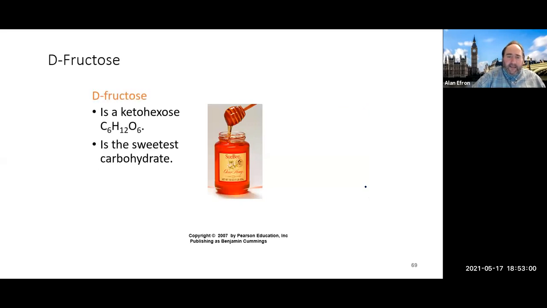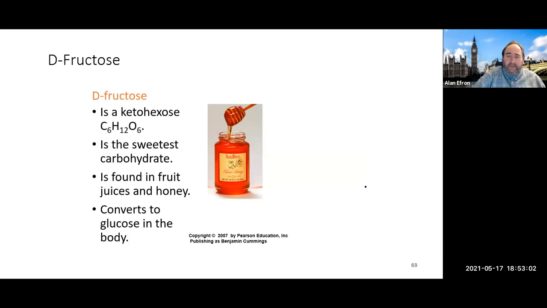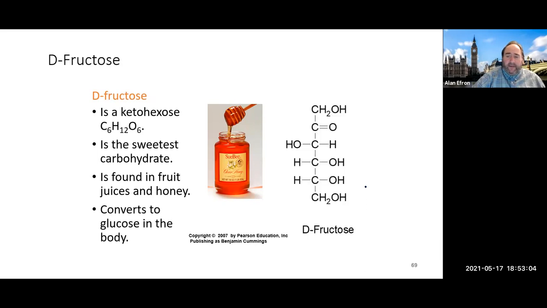Fructose, which is another one we talked about, you do need to recognize the structure of it and be able to know that it is fructose. It is the sweetest carbohydrate, found in fruit, juice, and honey. In the body, it actually does convert into glucose.